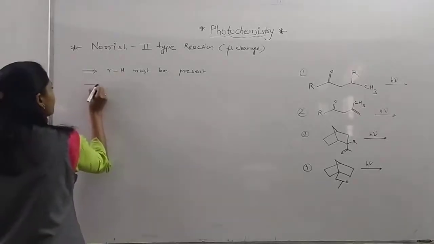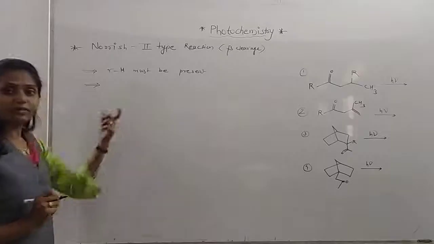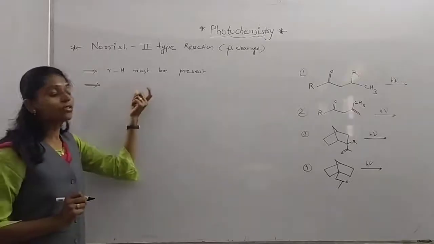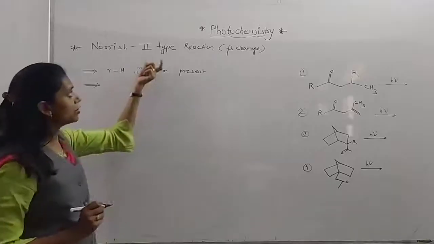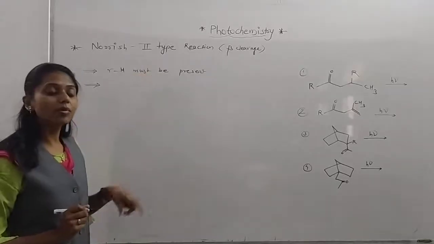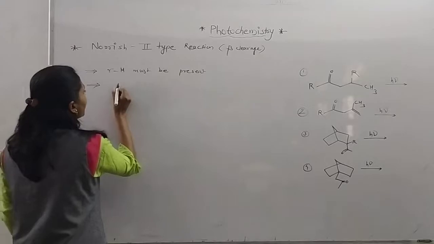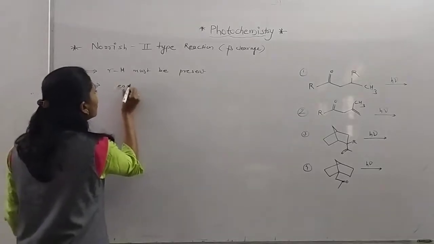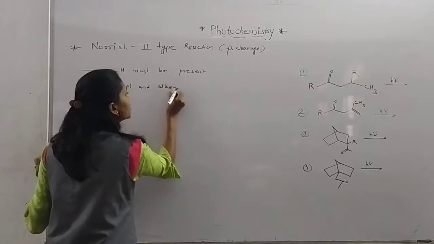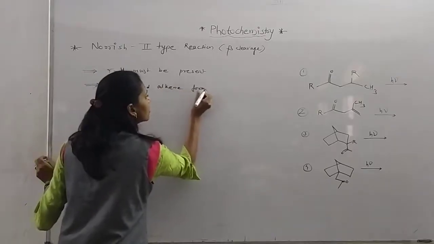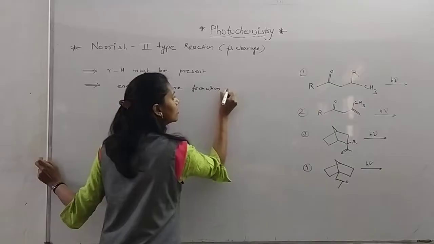Next, when the product is formed, which type of product do we obtain? If it is a Norrish type 2 reaction, then there must be enol and alkene formation in the product.